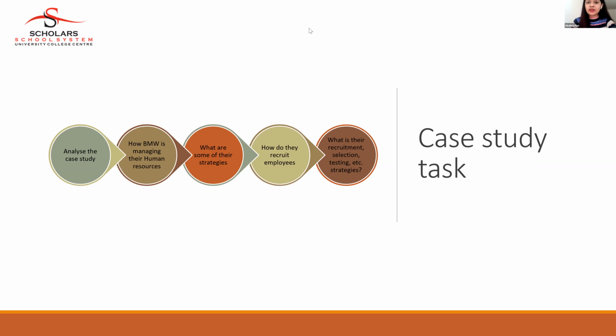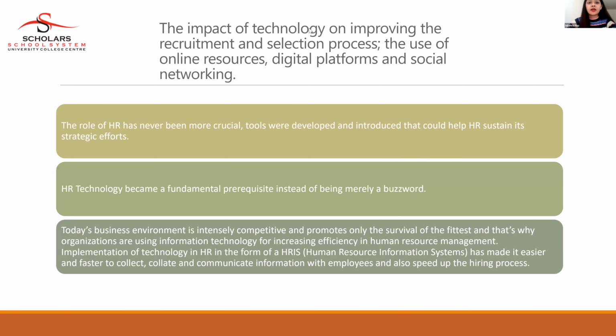You can do a comparison with other renowned organizations like Google, find some case studies on Google as well, and see what some of their strategies are, if they match the human resource management strategies of BMW, or if you think there are other effective strategies that BMW can use. How does BMW recruit the employees? What are their recruitment, selection, testing, training strategies, etc.?